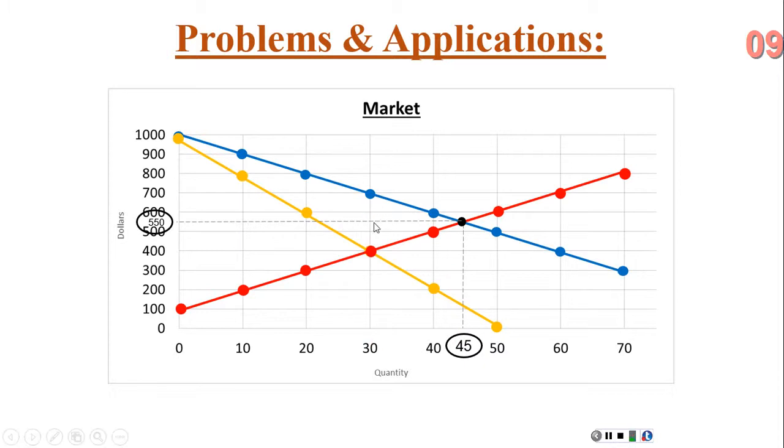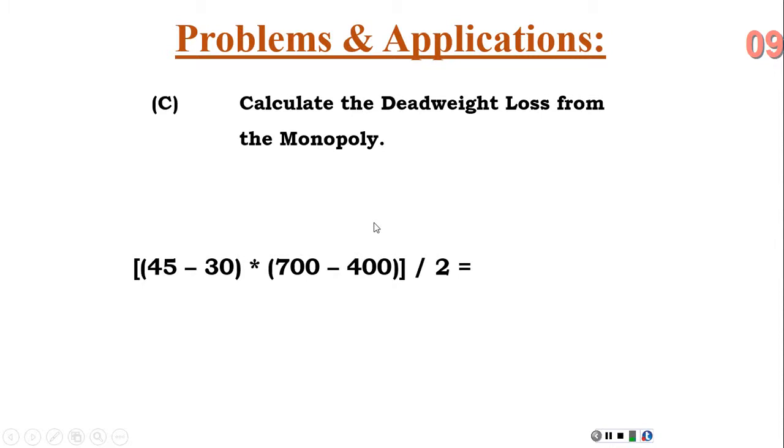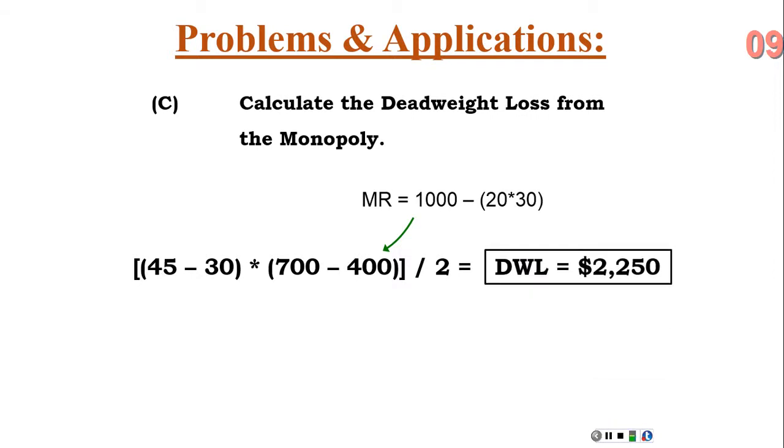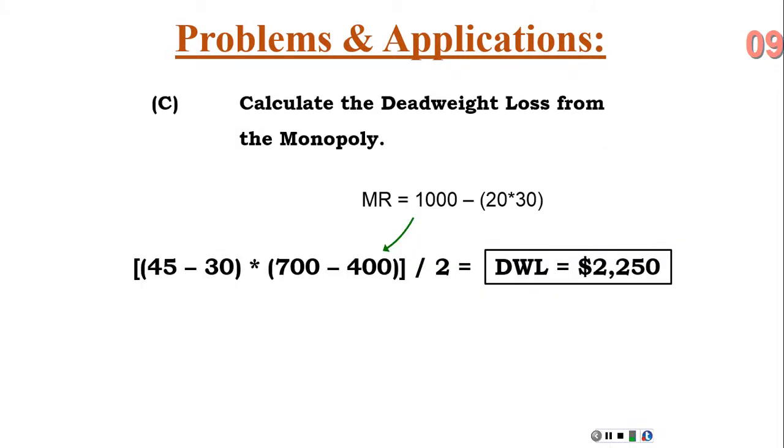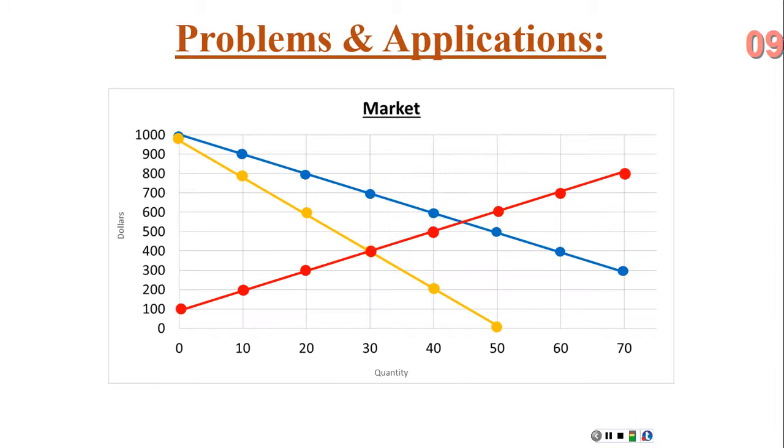We got that by plugging the quantity into either the marginal cost or marginal revenue function. Base times height divided by 2 should equal 2,250, which represents this triangle right there. That would be our deadweight loss. That's how much value is destroyed, $2,250, if this market is dominated by a monopoly as opposed to being competitively provided.